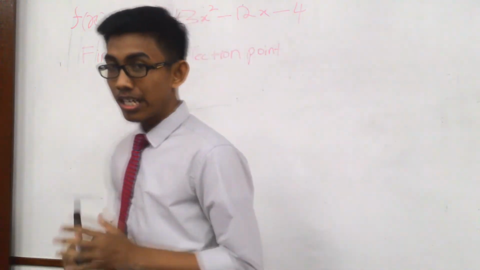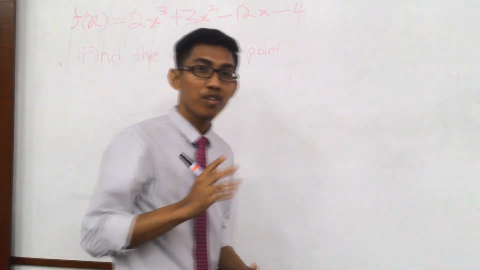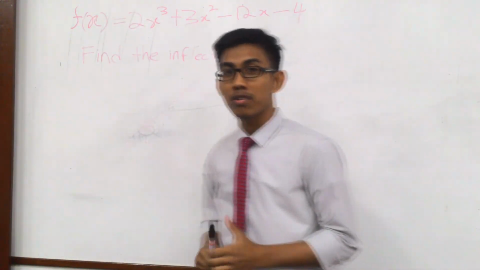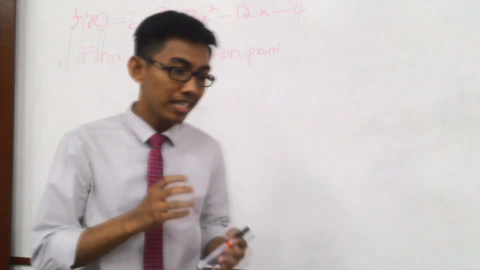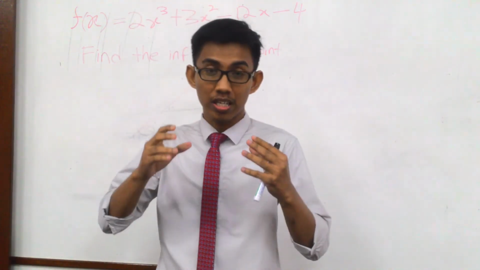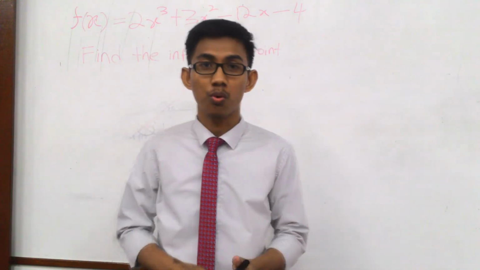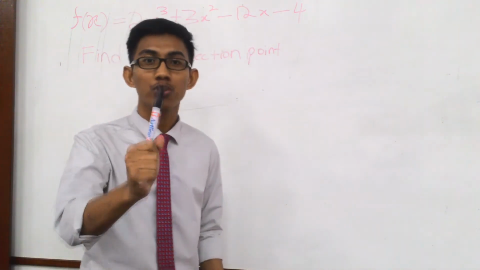In order to find the inflection point, we must find the critical point. The critical point is found after we find the FOC and the SOC. First we must find the FOC.